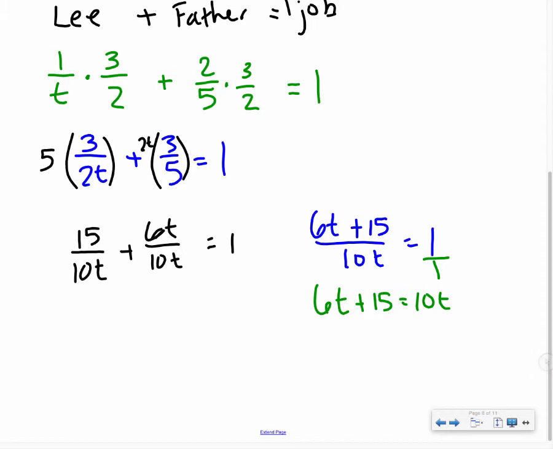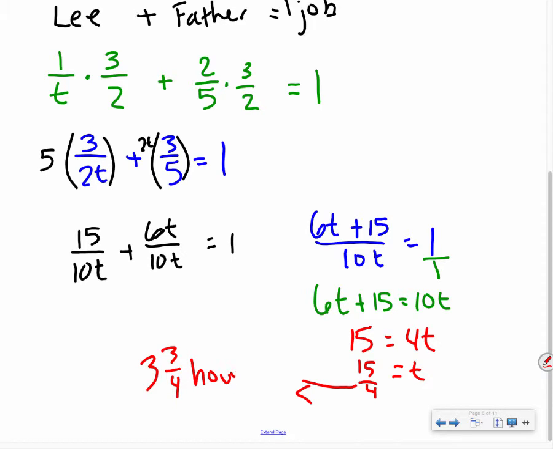Subtract 6t from both sides, I'm left with 15 equals 4t, or t equals 15/4, which is the same as 3 3/4 hours if Lee were to try and do the job on her own.